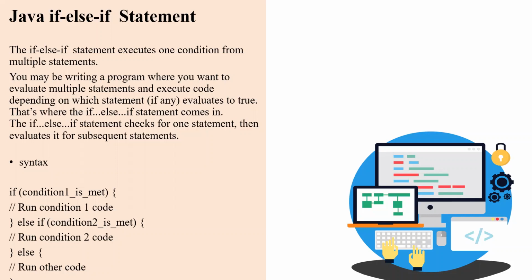The if-else-if statement checks one statement, then evaluates subsequent statements. Syntax is: if condition 1 is met, then run condition 1 code, else if condition 2 is met, then run condition 2 code, else run another code and continue.